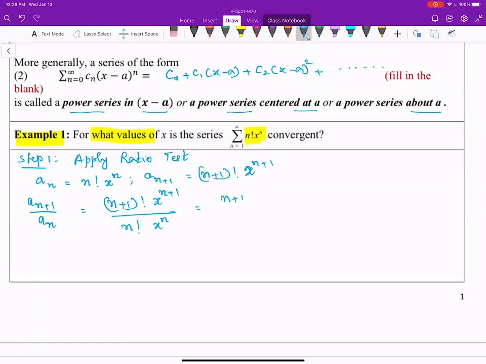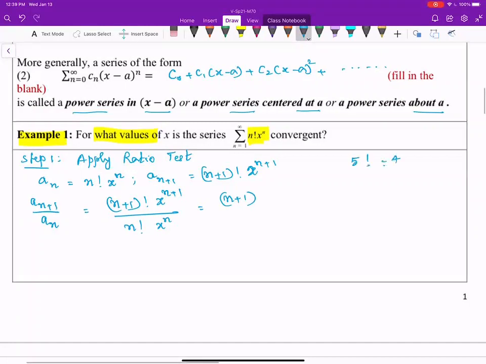Just like 5 factorial can be written as 4 factorial times 5, we can write this as n plus 1 times n factorial times x to the power n plus 1 divided by factorial n times x to the power n. So we can cross these out, and x to the power n plus 1 over x to the power n leaves just x in the numerator. So we get just n plus 1 times x.